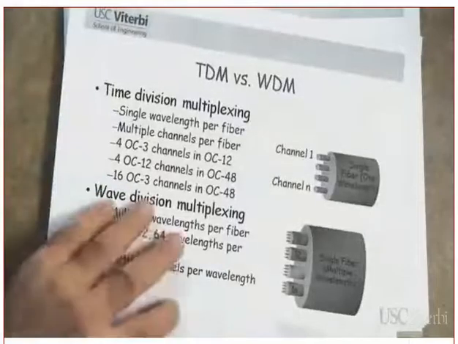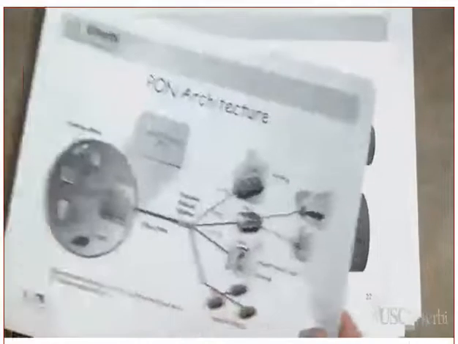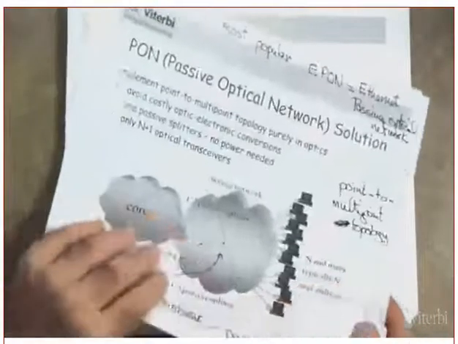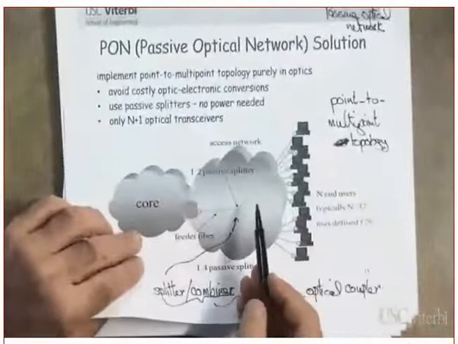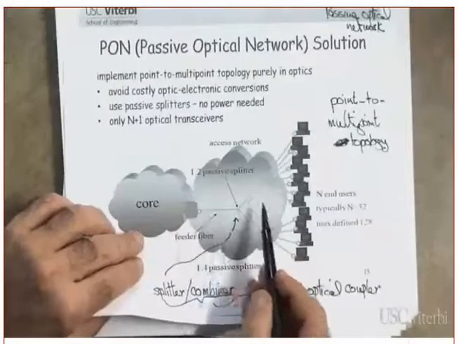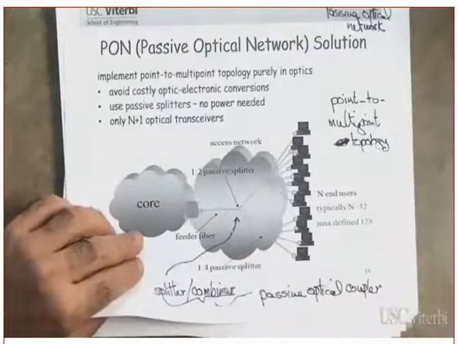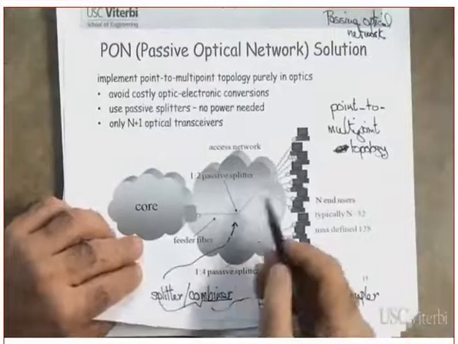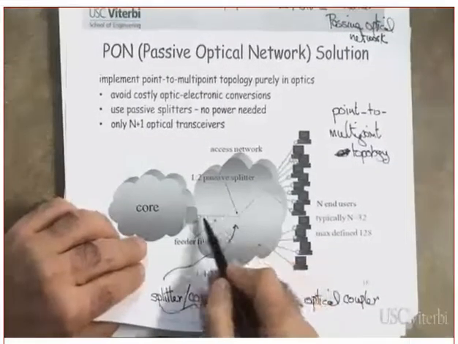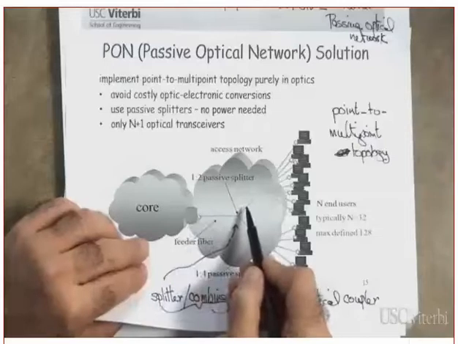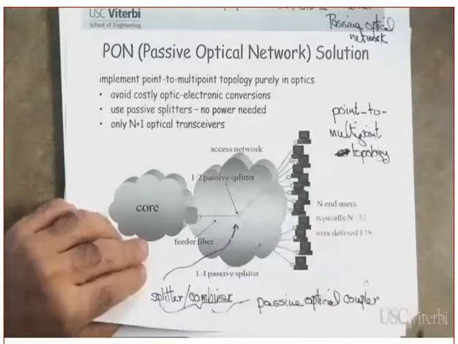Clear so far? Notice, by the way, in the plan, if you are going to use wavelength division multiplexing, you don't need to use it on both the uplink and the downlink. You could have wavelength division multiplexing on the downlink, but on the uplink, just a single wavelength.